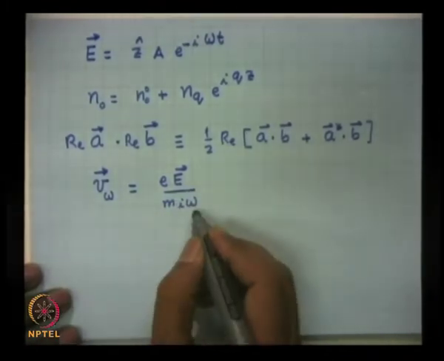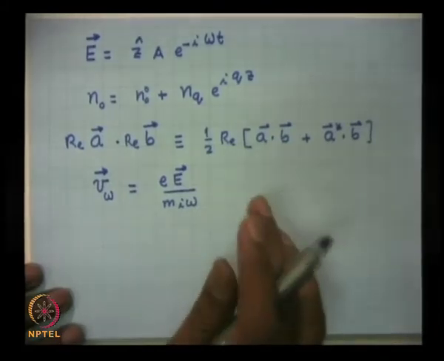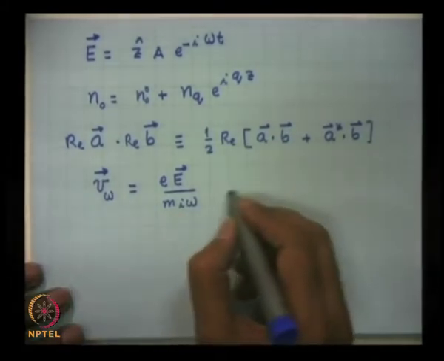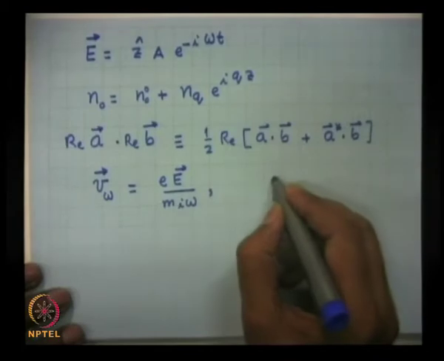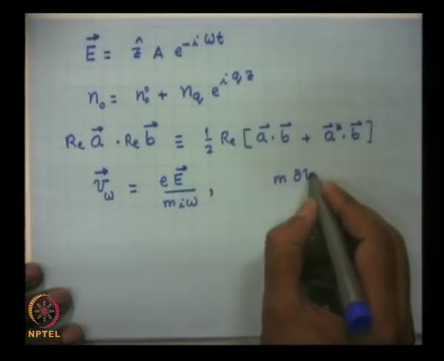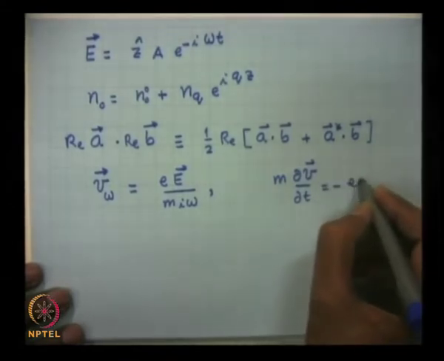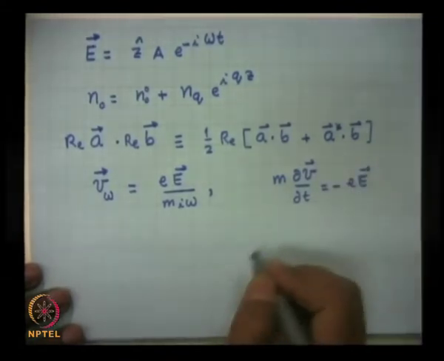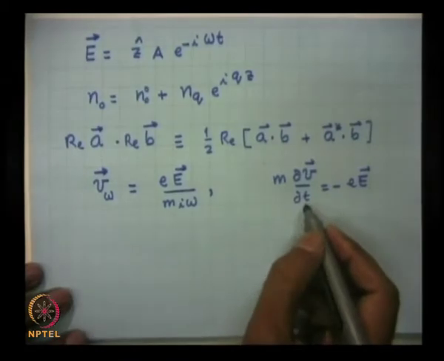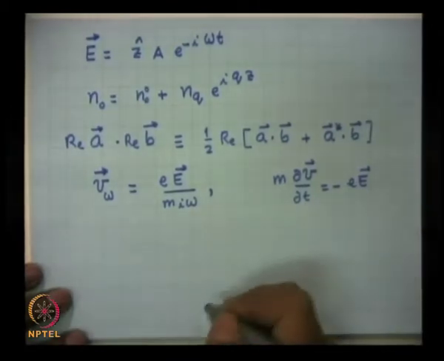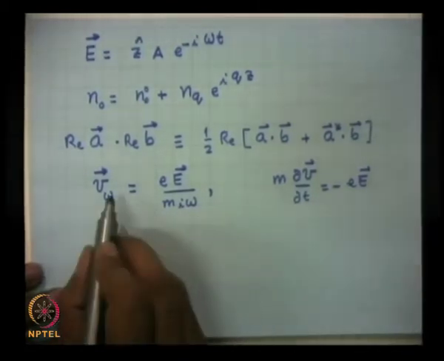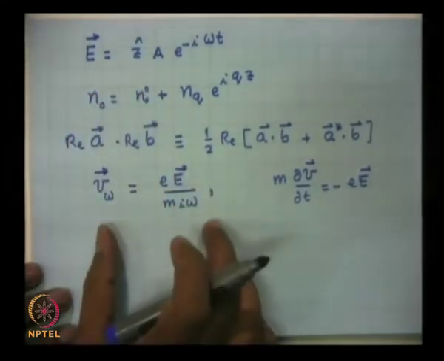I am getting this from a collisionless equation of motion, and you may just check it, m delta v by delta t is equal to minus E. This is the equation I am solving by replacing delta by delta t with minus i omega, and you get this result. So, this electric field quickly gives rise to this velocity.